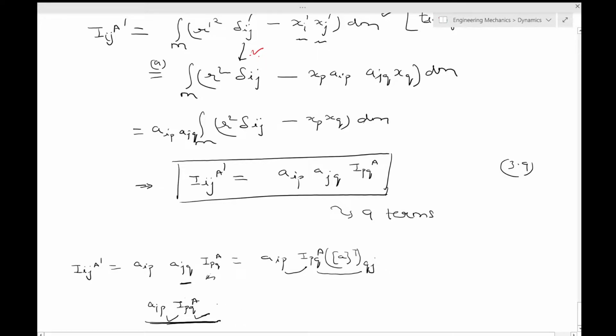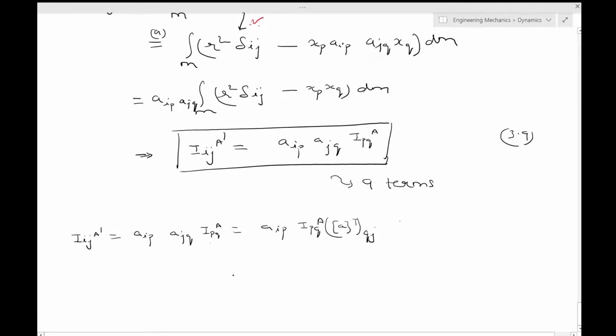So the only way is to write it as a_qj, and a_qj can be written in terms of a_jq just by taking a transpose. So that's how it has been written in the matrix form.